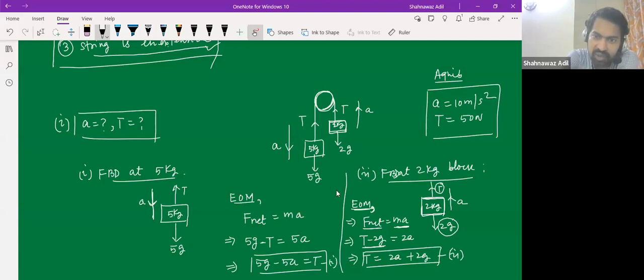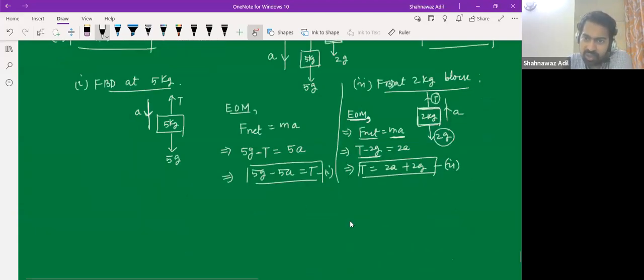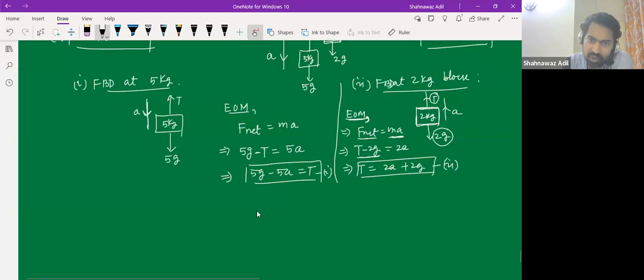So if we write the value of T in both the equations, comparing from equation 1 and 2, what do we have? 5G minus 5A equal to 2A plus 2G. So this goes to the right hand side and this goes to the left hand side.